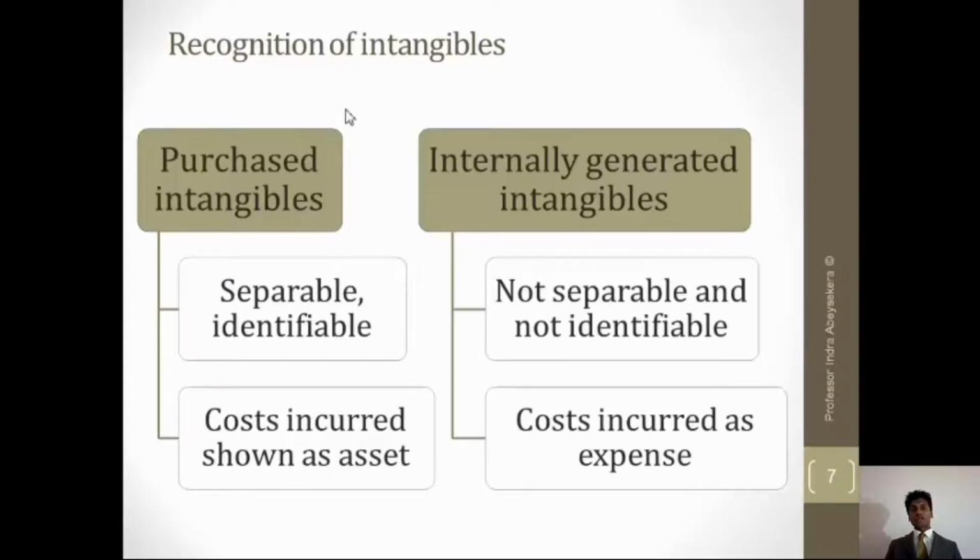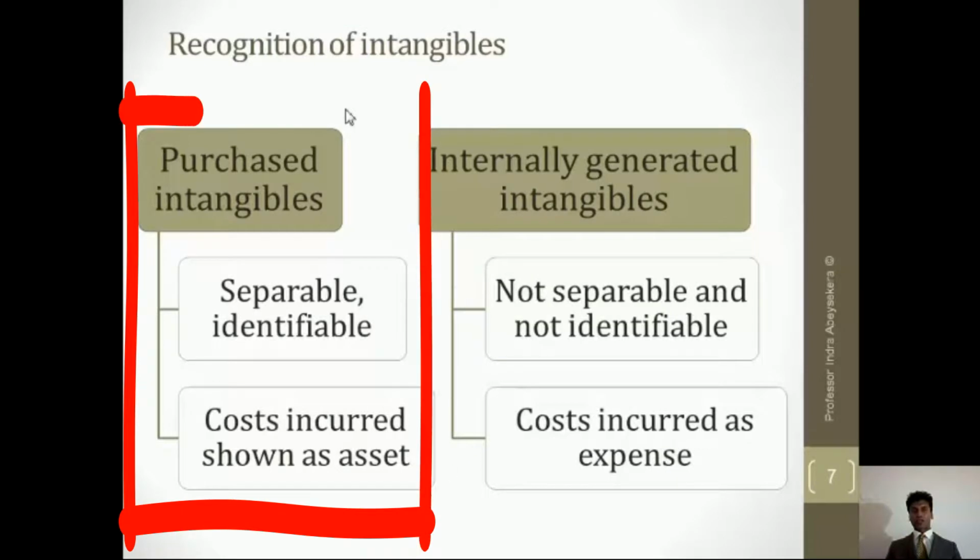So purchased intangibles are separable and identifiable. Because they're separable and identifiable, the costs incurred in purchasing such intangibles are shown as assets.